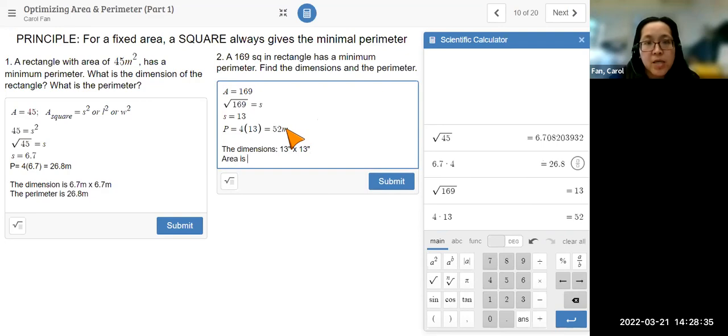Area is fixed at 169, but perimeter is 52 meters. Okay, I'm going to give you a moment to work on slide number 11. Slide number 11 is practicing using this principle.